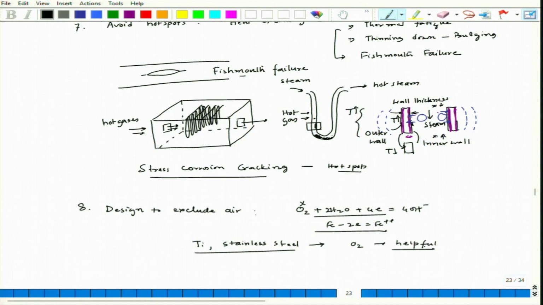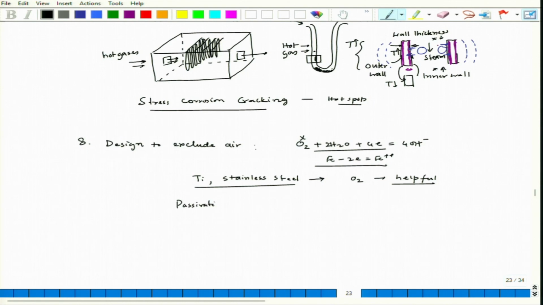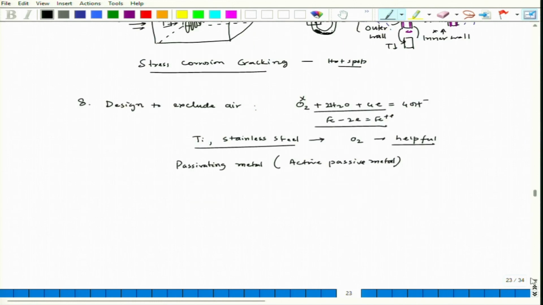The character of titanium and stainless steel is that they are passivating metals, or rather I would say active-passive metals, in the presence of oxygen and H2O. In that case, the oxidant can help to achieve passivity. We have discussed this in greater detail in our previous lecture series, so we can just quickly discuss that.